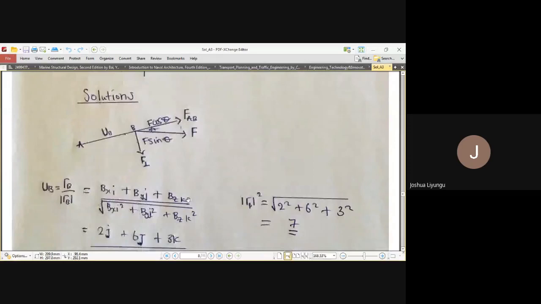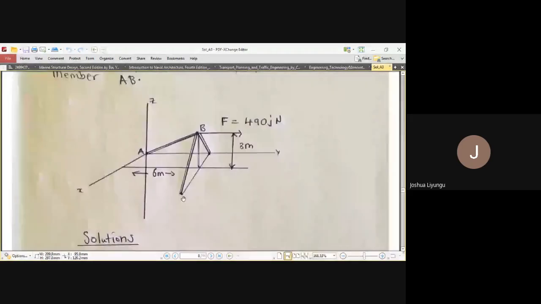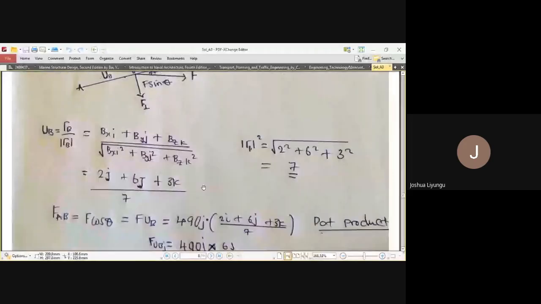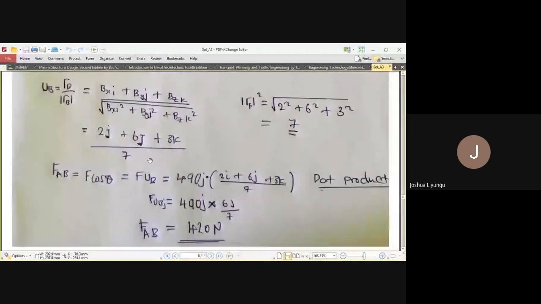The first thing, get coordinates at A, get coordinates at B. That's where those numbers are coming from. To get your magnitude, it is the square root of 2 squared plus 6 squared plus 3 squared, and you're going to get 7.